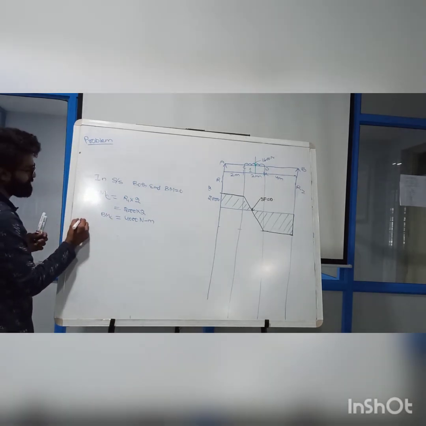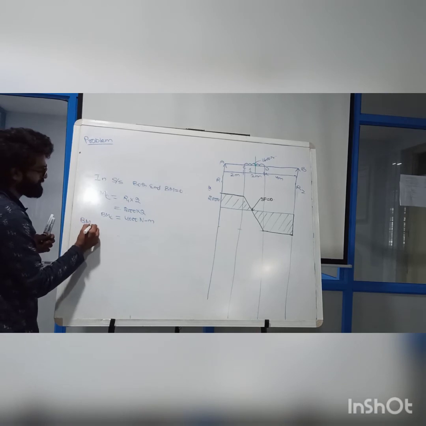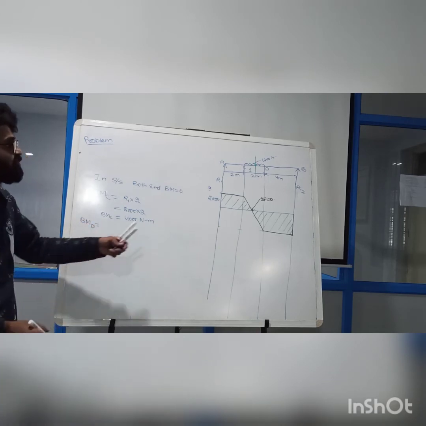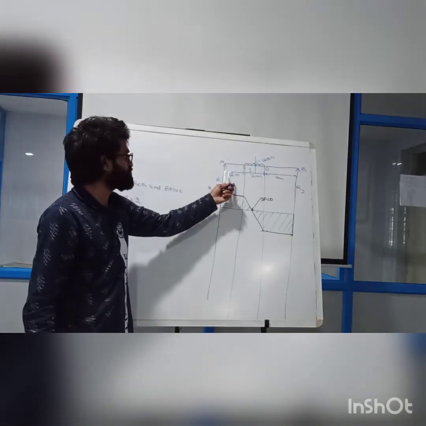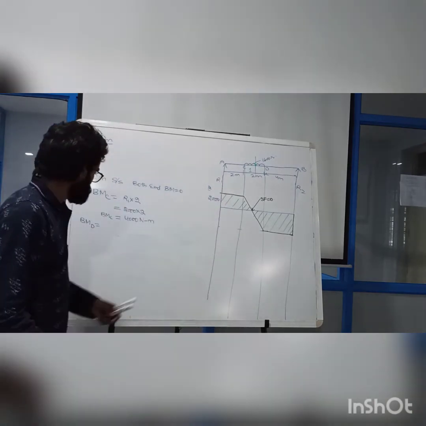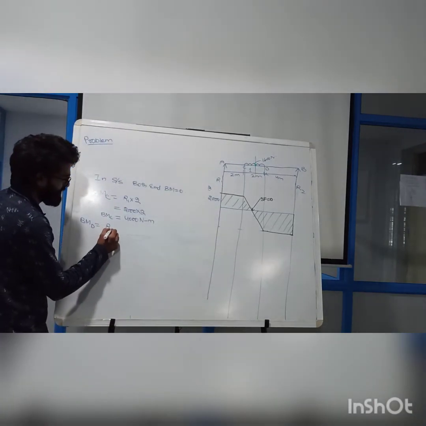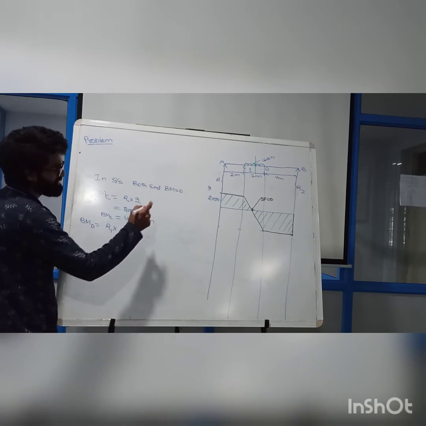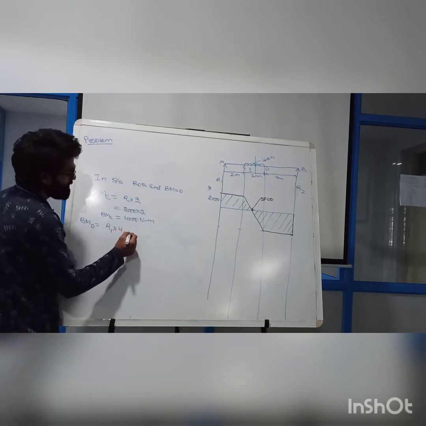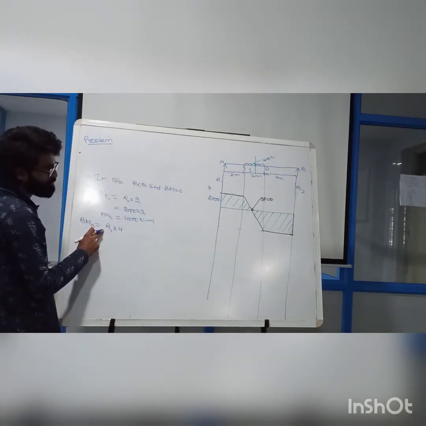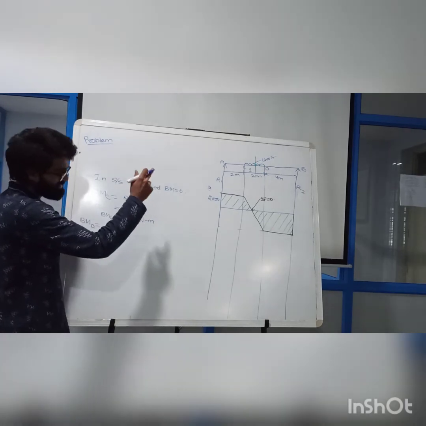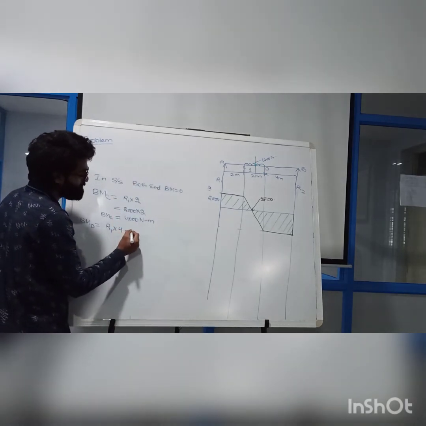Now I can calculate my bending moment at point D. To calculate the bending moment at point D, it will be R1 into the distance, which is now 4. This is acting in the upward direction, so positive. The UDL is acting in the downward direction, so negative.